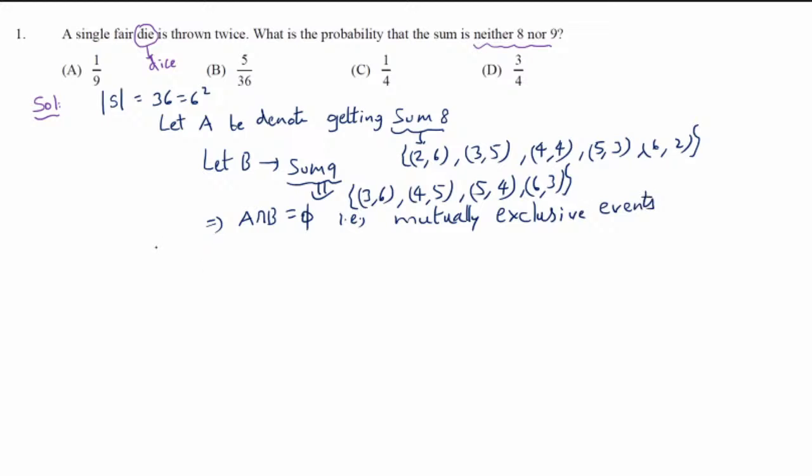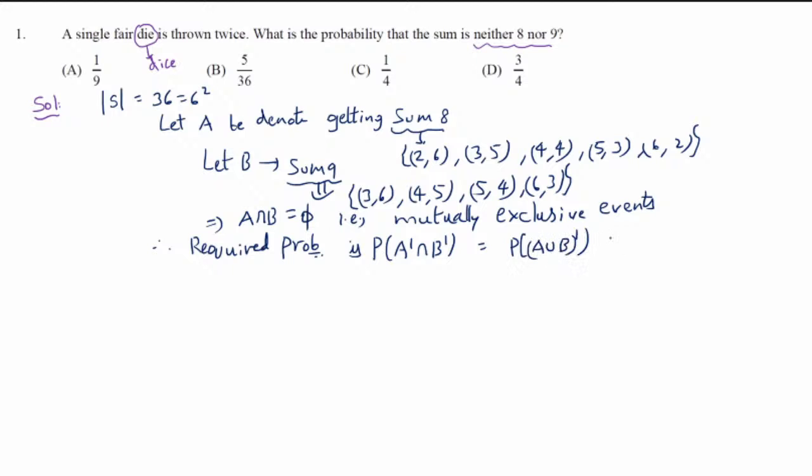Now, what is the required probability? The probability that the sum is neither 8 nor 9. So the required probability is P of A dash intersection B dash, which is P of (A union B) whole dash. This is called De Morgan's laws.